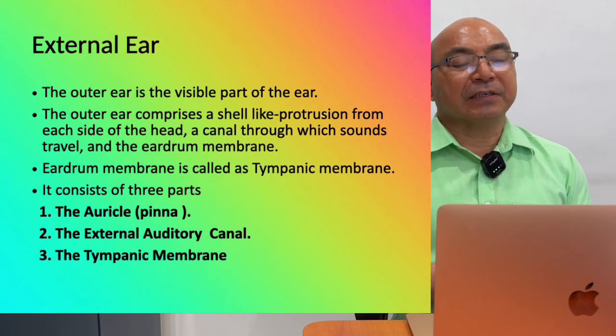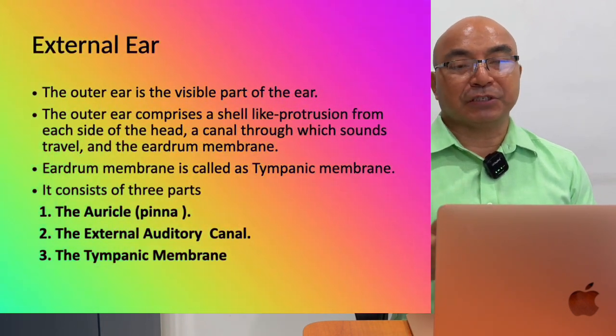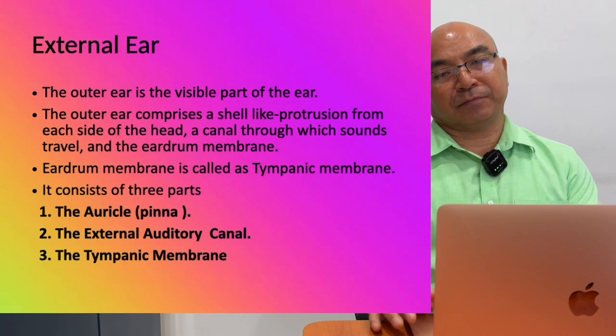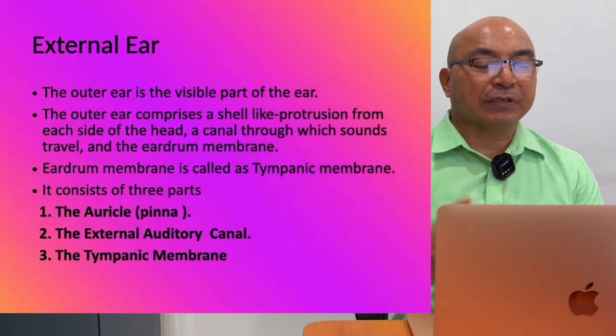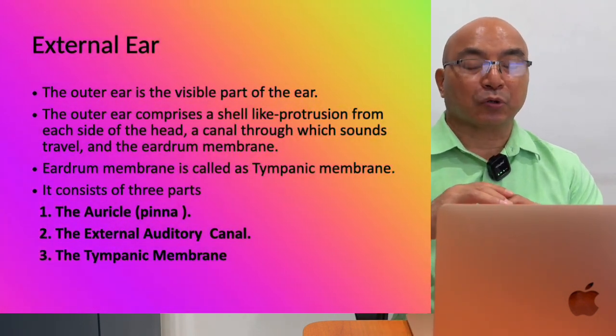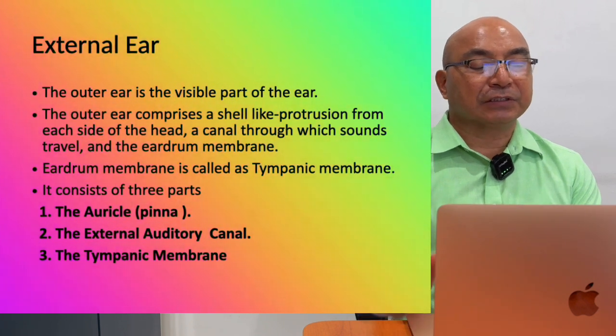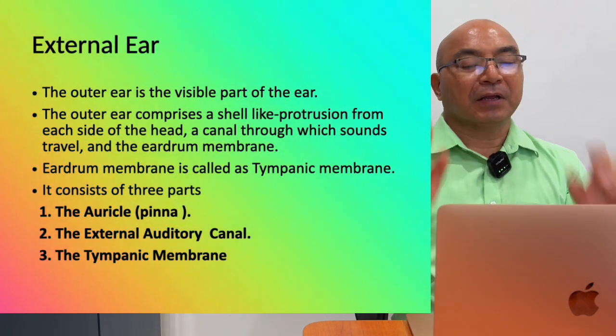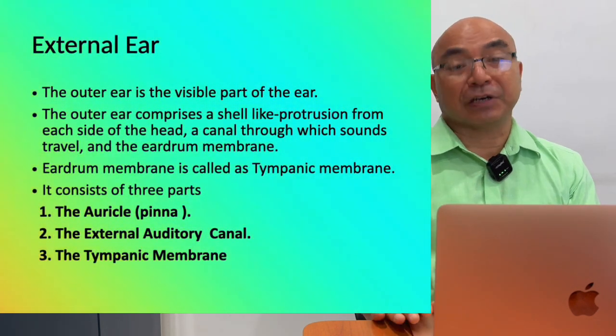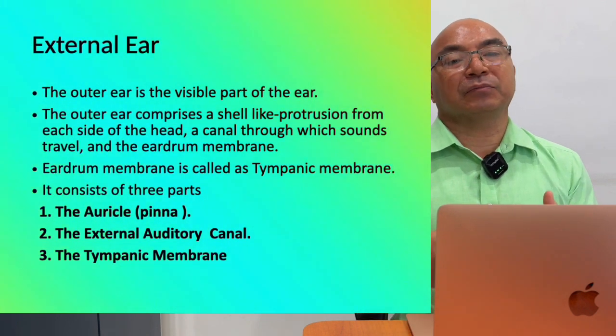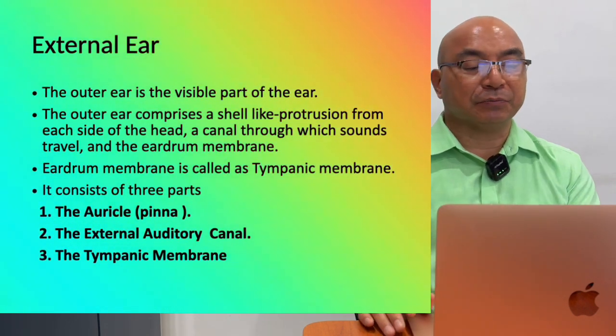The external ear is the outer ear, which is the visible part of the ear. The outer ear comprises a shell-like protrusion from each side of the head, a canal through which sounds travel, and the eardrum membrane that we call the tympanic membrane.